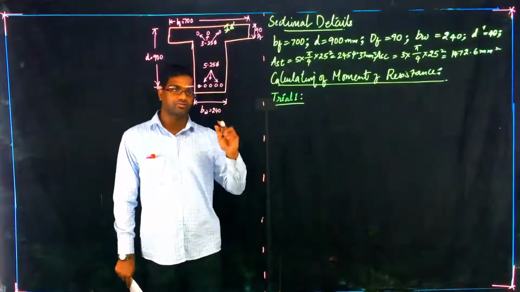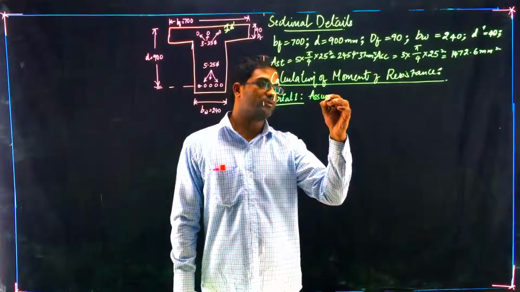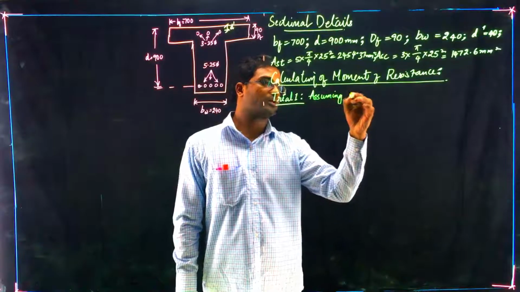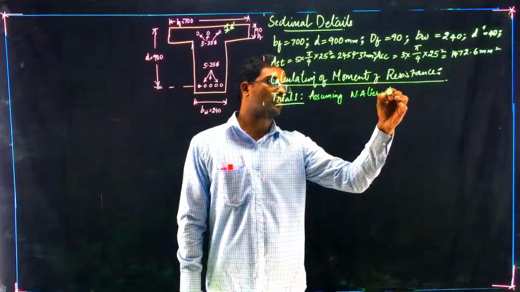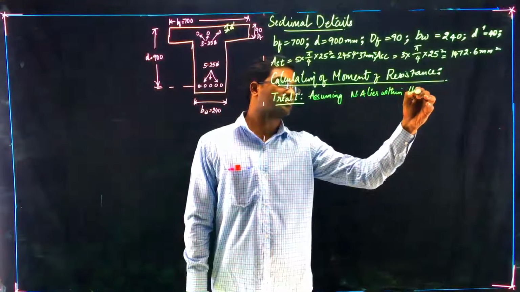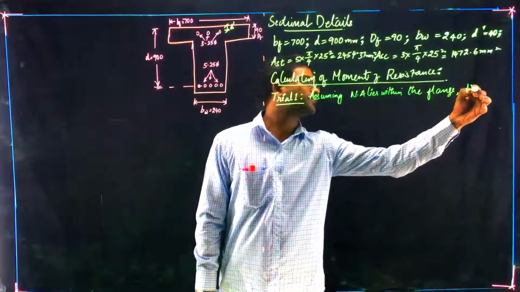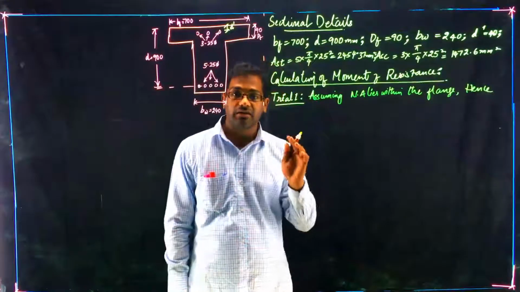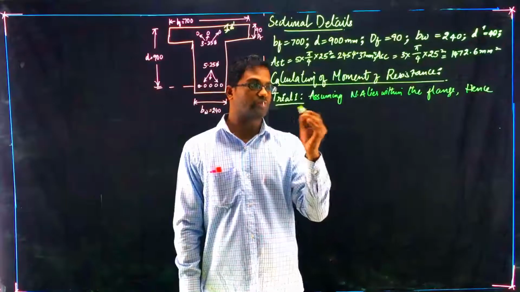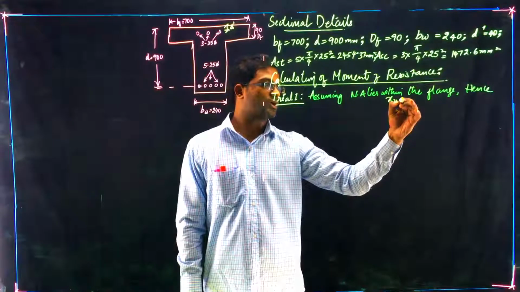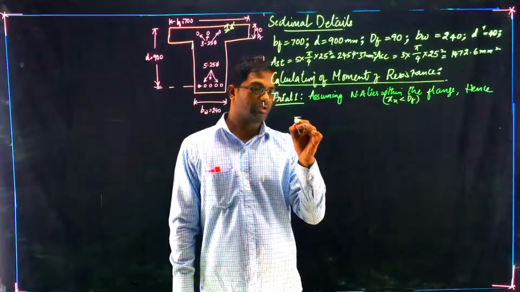For a rectangular doubly reinforced section, assuming the neutral axis lies within the flange, hence for a doubly reinforced rectangular section, because we are saying that XU is within the flange.